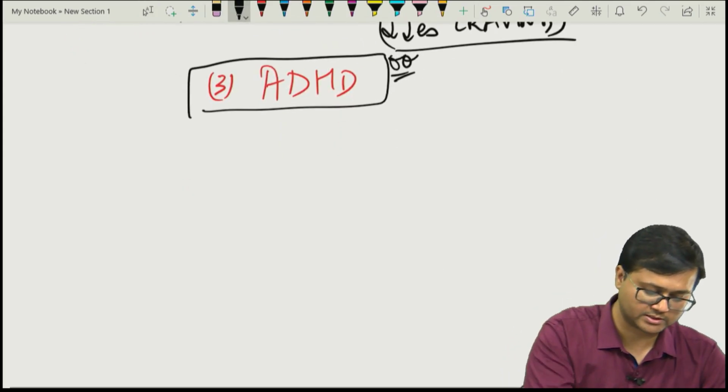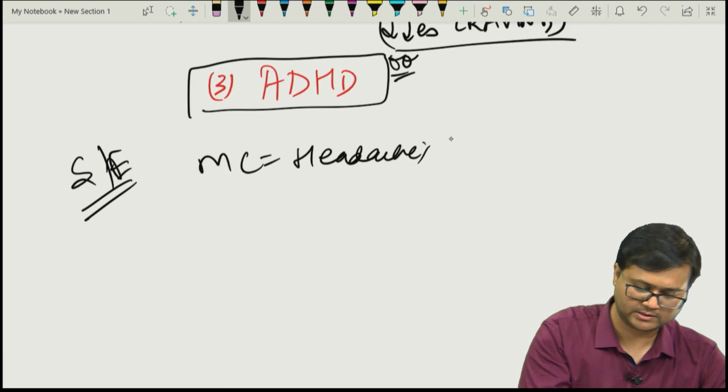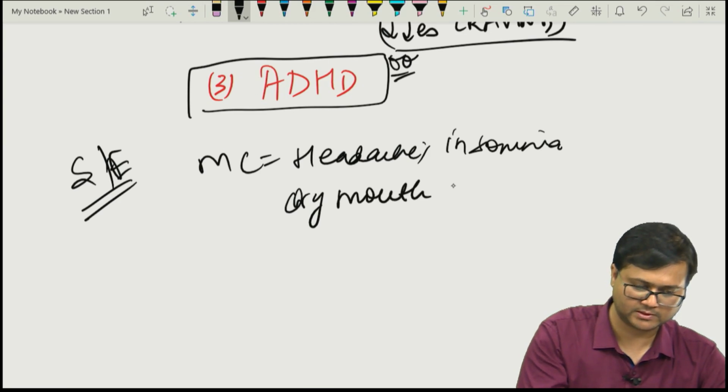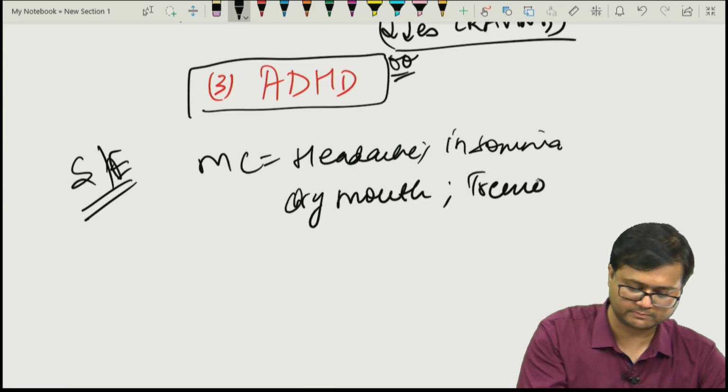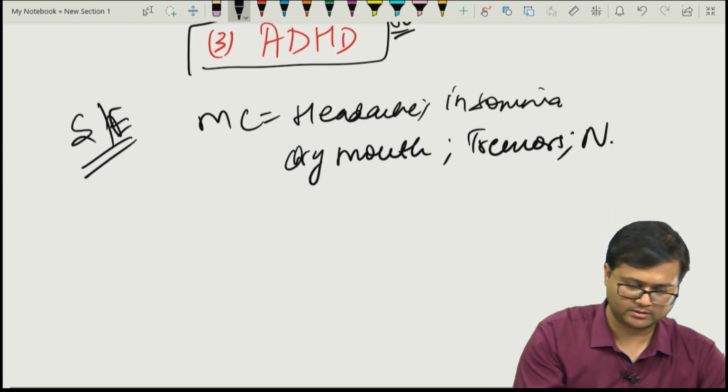Now there are various side effects associated with Bupropion, the most common being headache, insomnia, dry mouth, tremors and nausea.